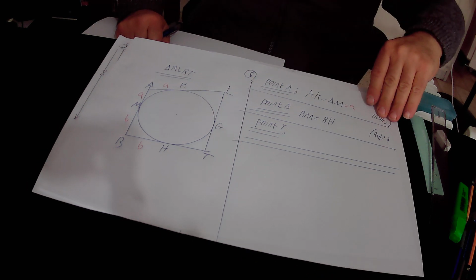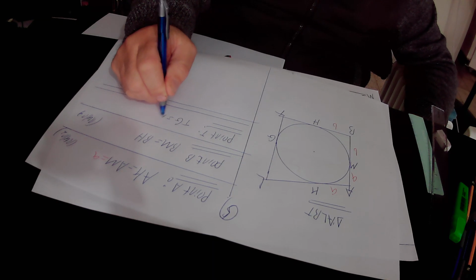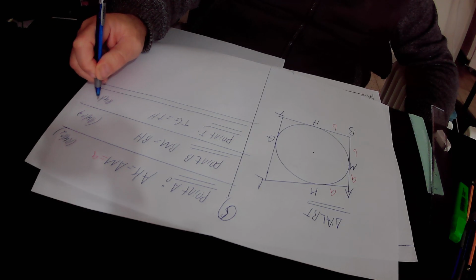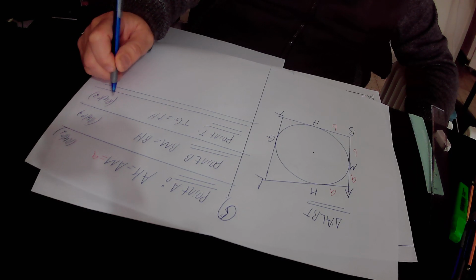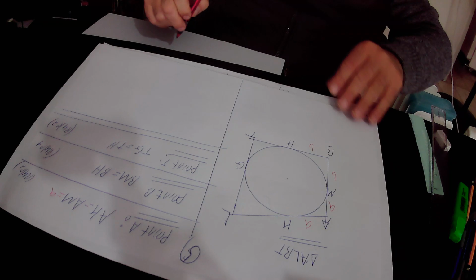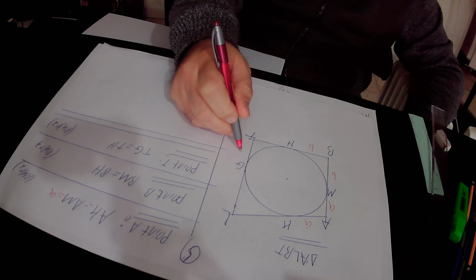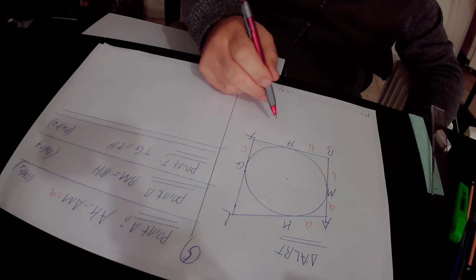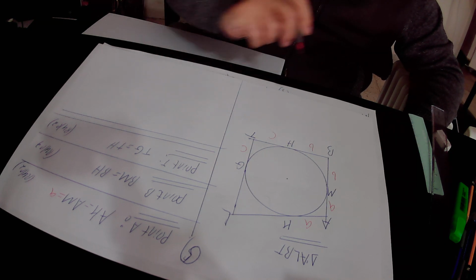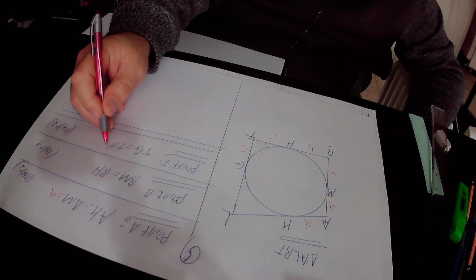So I write it down. TG equals TH, according to the same rule, rule 2. So if we define the length of tangent TG as C, then the length of tangent TH must also equal C because they are equal to each other. So in conclusion, we found out that TG equals TH equals C according to our definition.